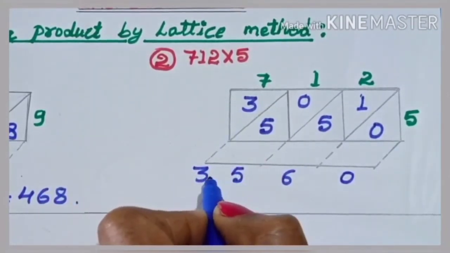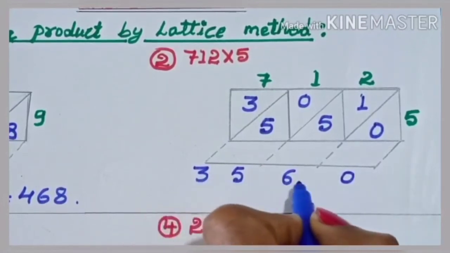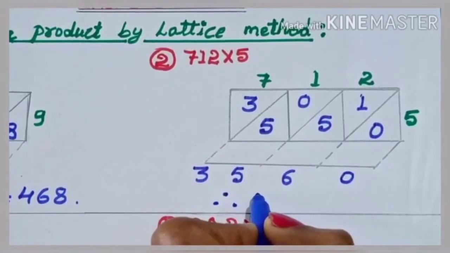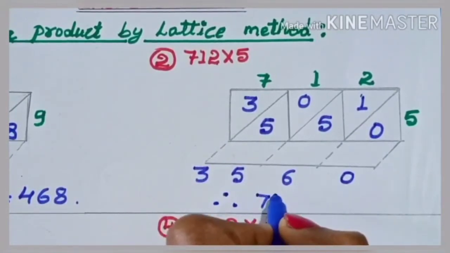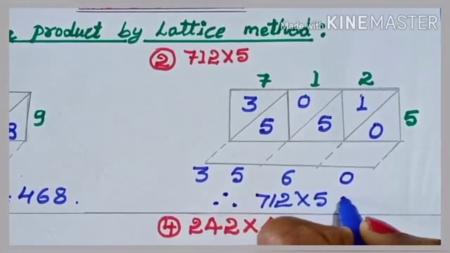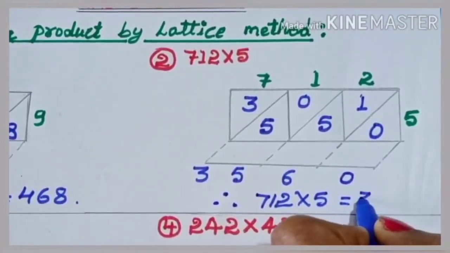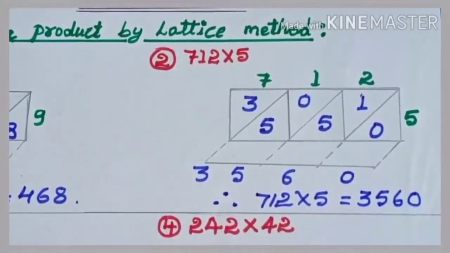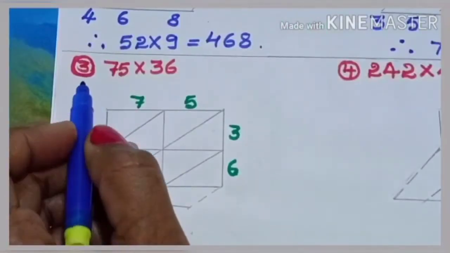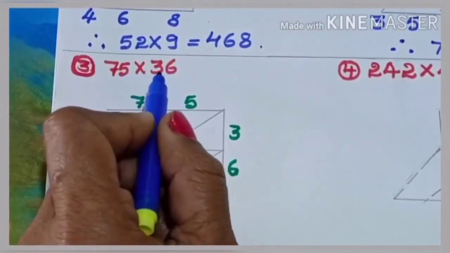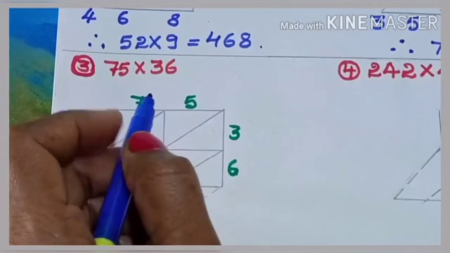So the answer is 3560. Therefore 712 multiplied by 5 is equal to 3560. Now third question, 75 multiplied by 36.